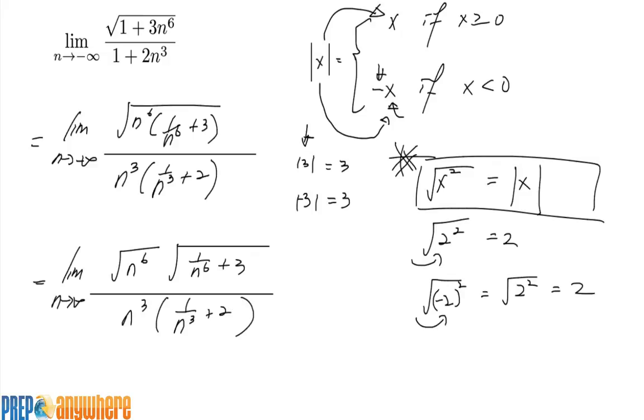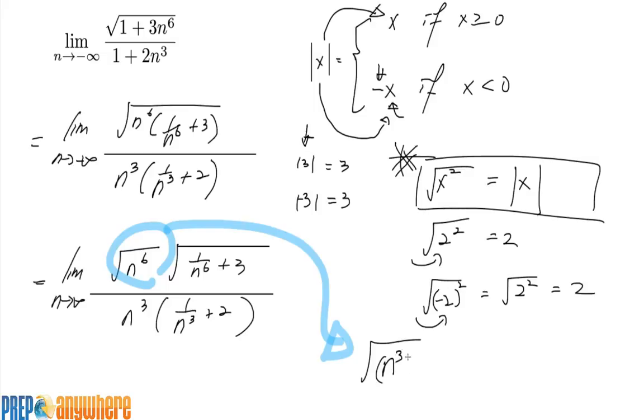Now, let me just take this part and do it on the side here. Note that square root of n to the power of 6 is the same as n cubed, squared. And note that what we have is a square root of something squared. That's the same as the absolute value.